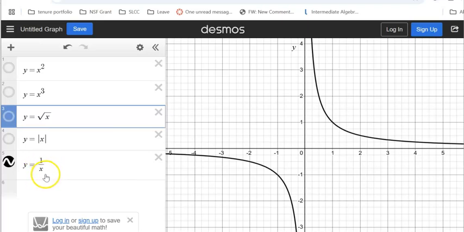And we can't divide by 0, so that means our graph can't occur here at 0 or on that y-axis. Okay? So that's why that's happening. And you can see how it's getting really, really close to those axes too. And we'll talk a little bit more about those later on. Those are called asymptotes. And so that is a good thing to keep in mind for later.